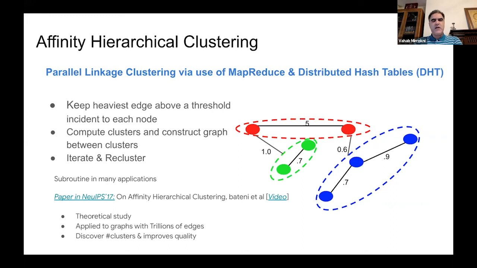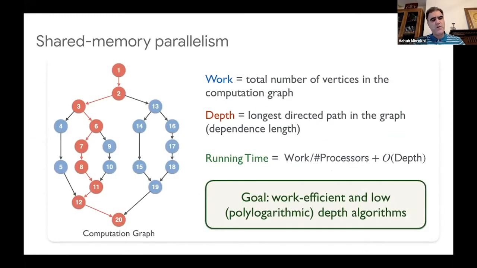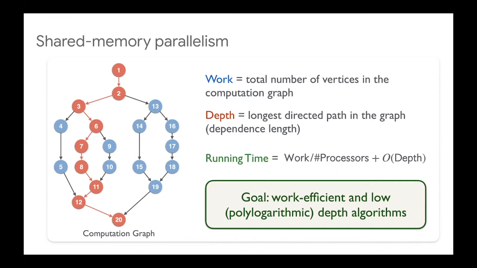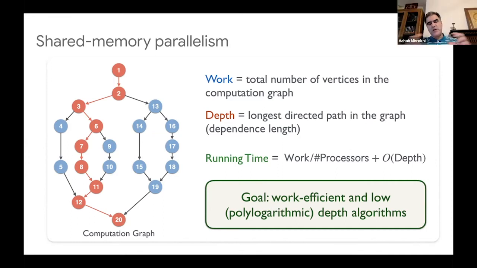The more recent algorithms are also developed in what we call shared memory parallelism. This is different from the MapReduce model that I introduced at the beginning. Let me emphasize that in this context, we care about the depth of the computation graph that may be done in parallel in a multi-core system.